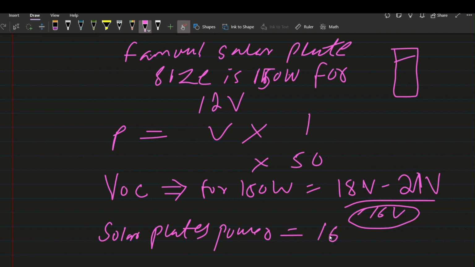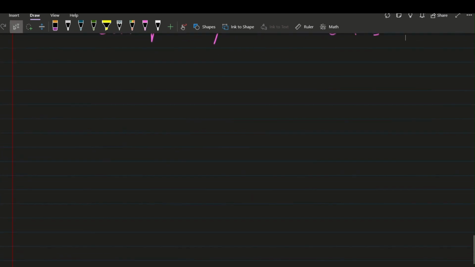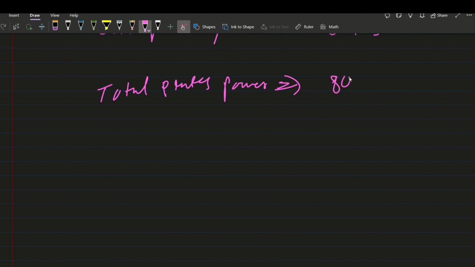V is 16 volt, multiplied by our current, 50 ampere. So total plates power is equal to 16 multiplied by 50, which means 800 watt.